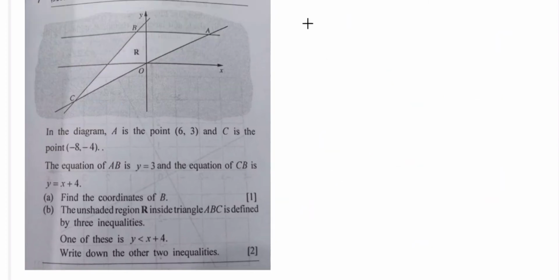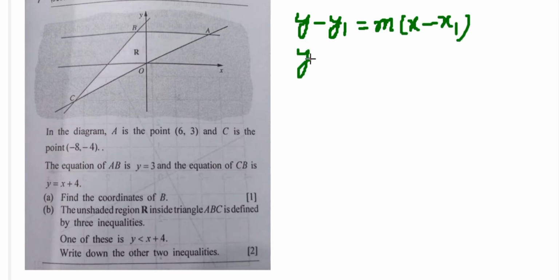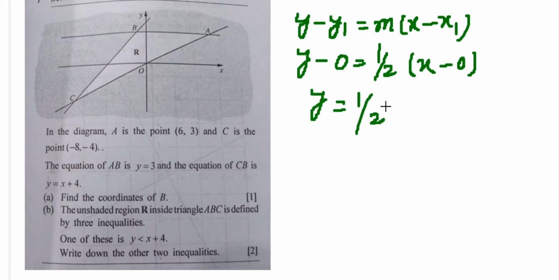Next, by using the formula y minus y1 is equal to gradient times x minus x1, put y1 is equal to 0, gradient is 1 by 2, and x1 is equal to 0. This gives 1 by 2 x.